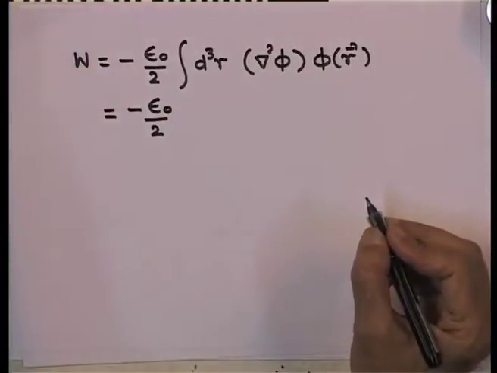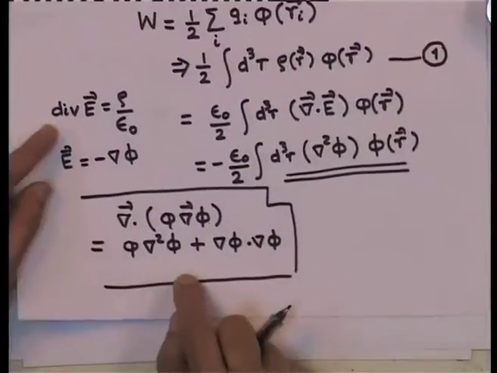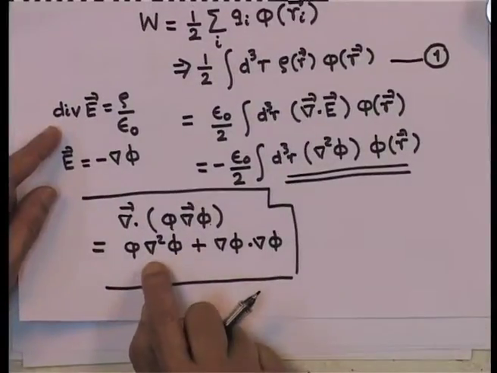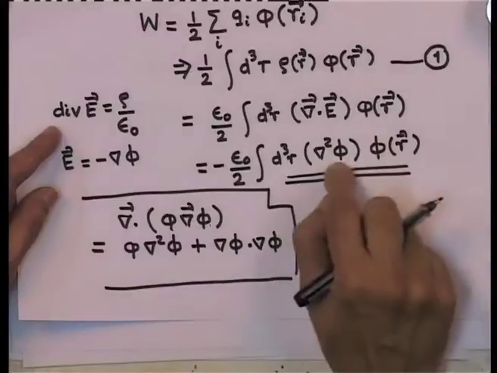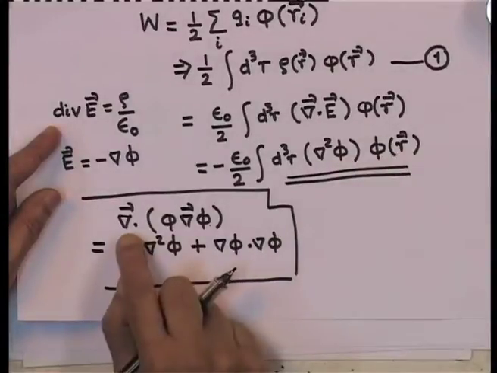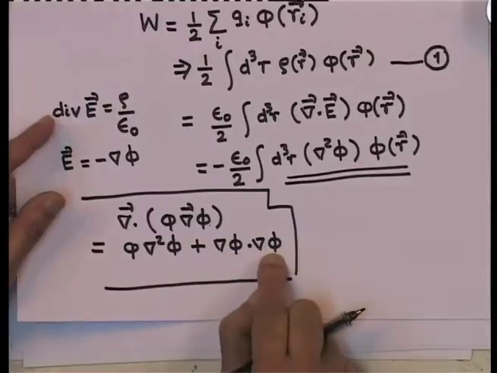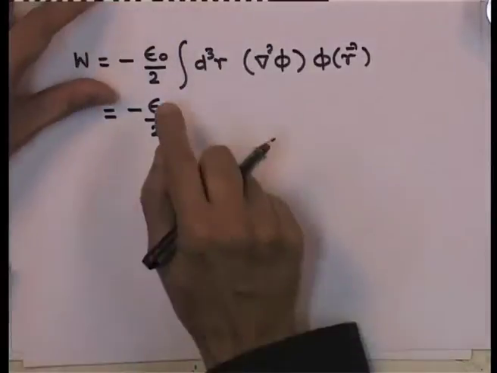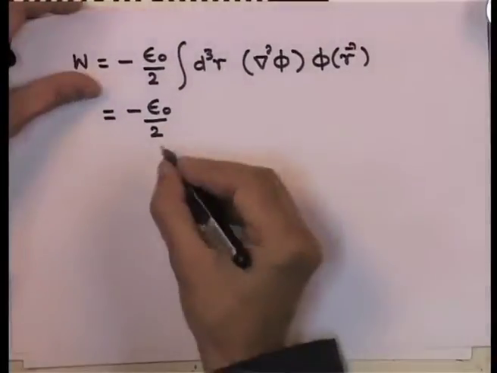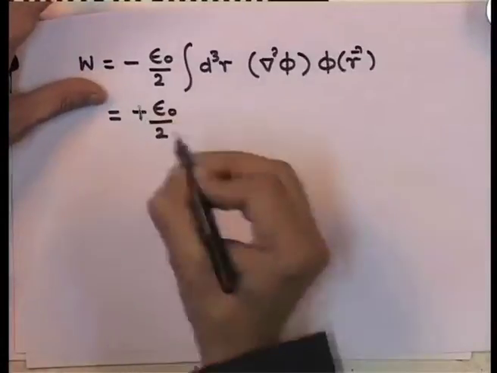So, come back here. Del square phi times del square phi, which is what I have here, is del dot phi del phi minus del phi dot del phi. Okay?